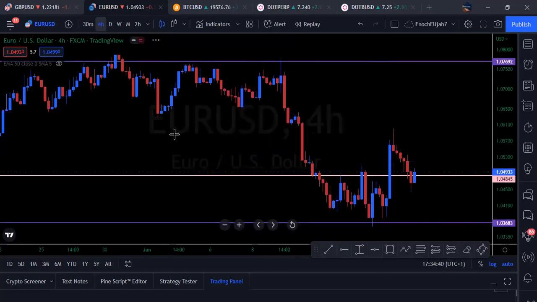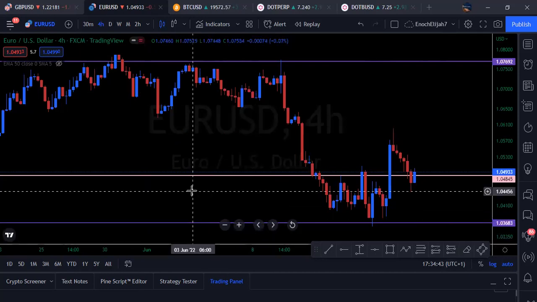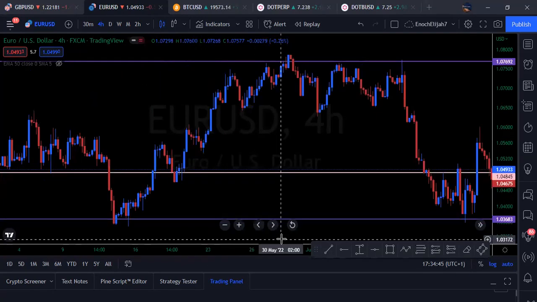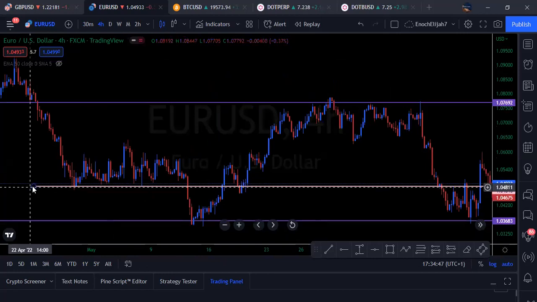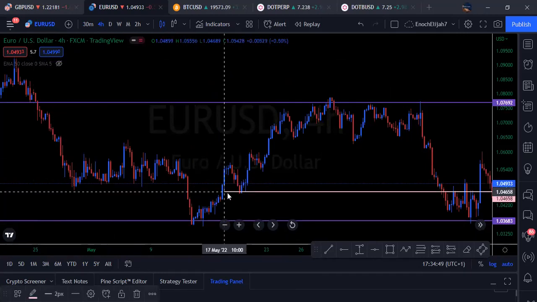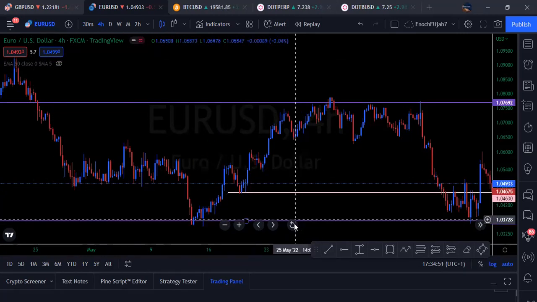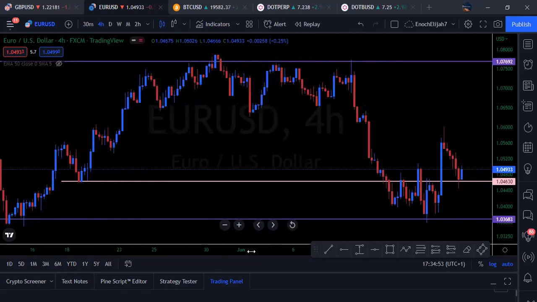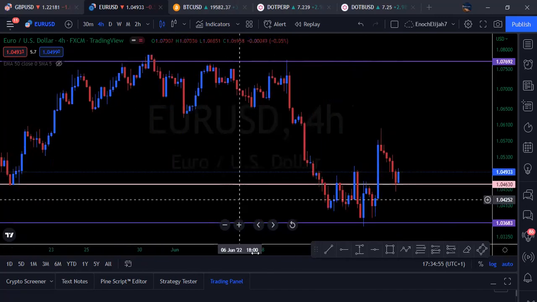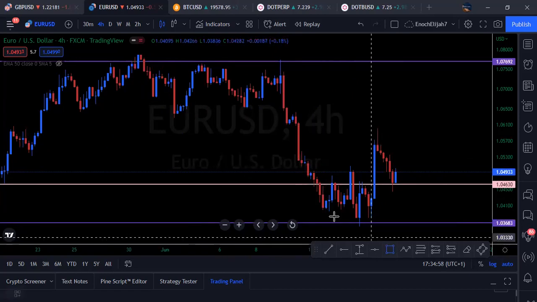4 hours next. On 4 hours, this is what price actually did. There's a resistance at this zone. Price had some ranging at support here.